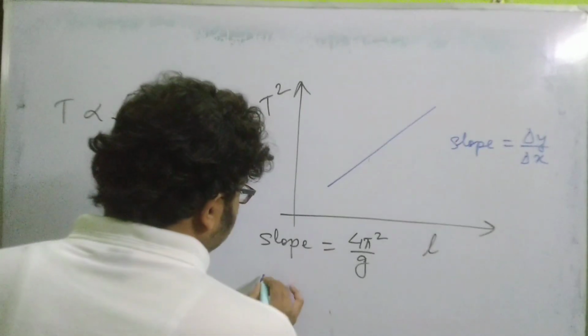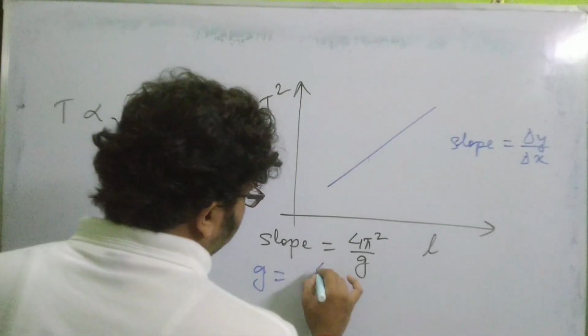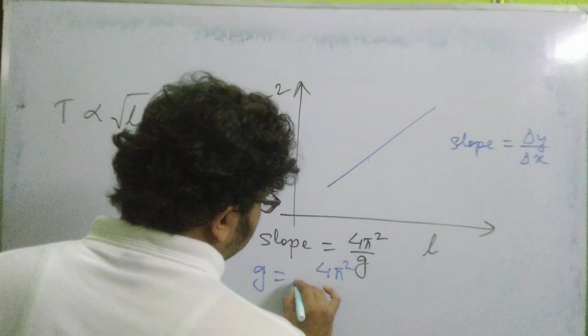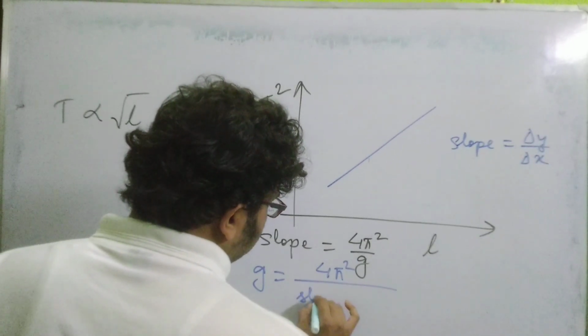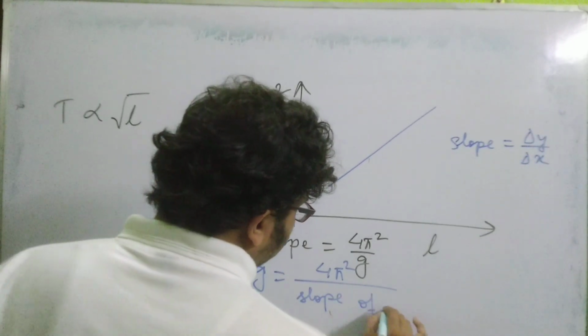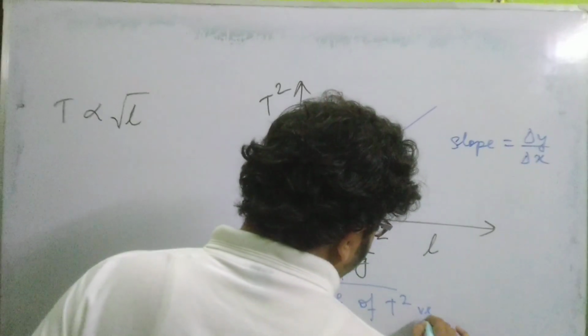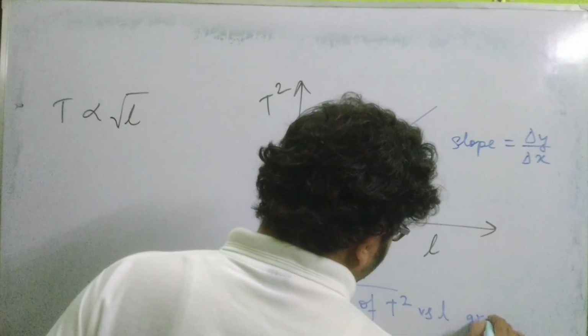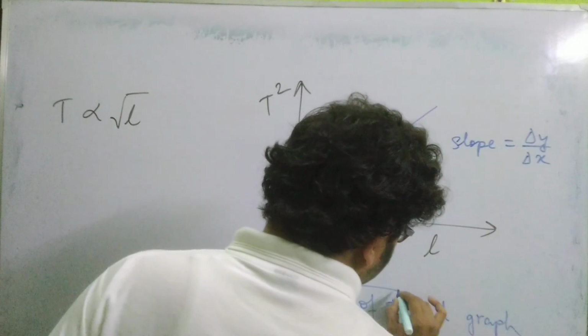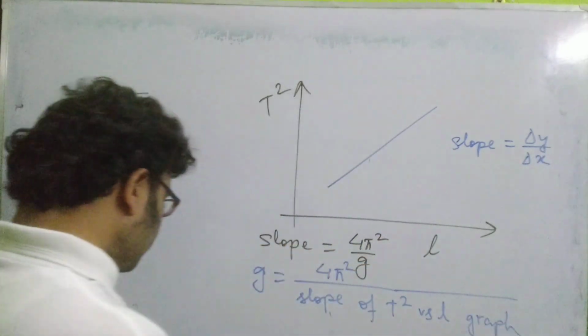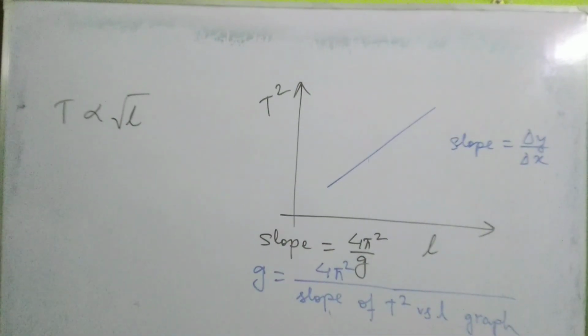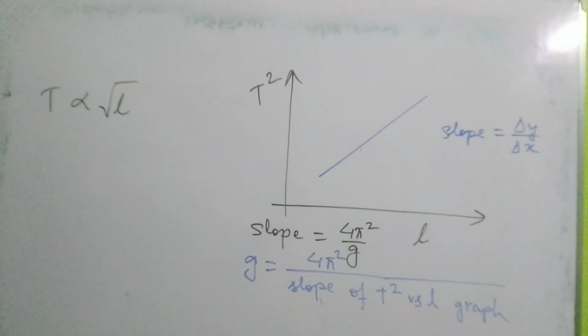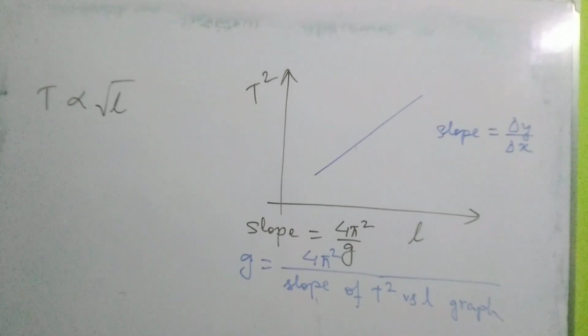The value of g will be equal to 4 pi square divided by the slope of the T square versus L graph. So this is the formula for the determination of g, or acceleration due to gravity at a certain place.